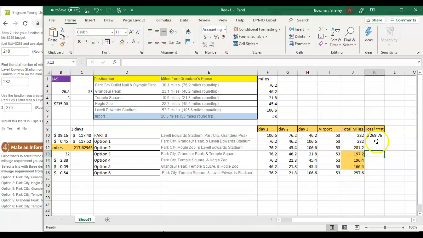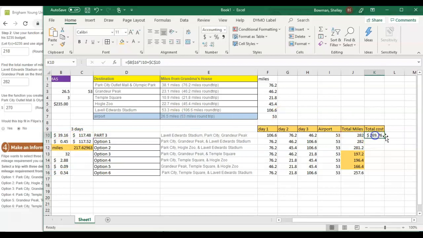I could also find the total cost for each of these as well. To do so, I would need to make sure that I absolute cell reference the 54 cents per mile by doing function F4, and also making sure that I keep the 117 as an absolute cell reference as well.